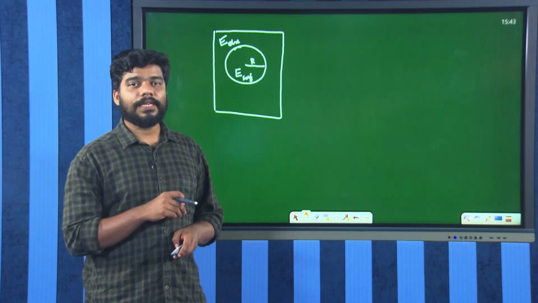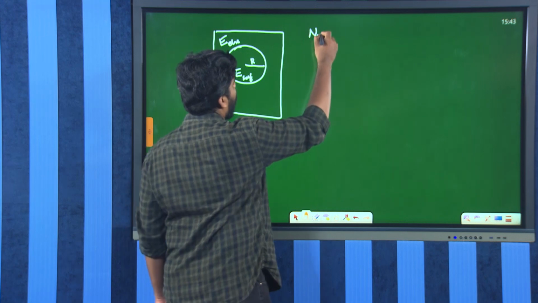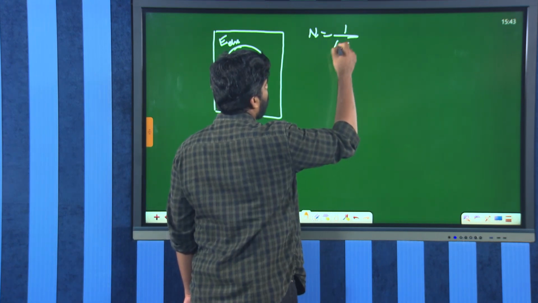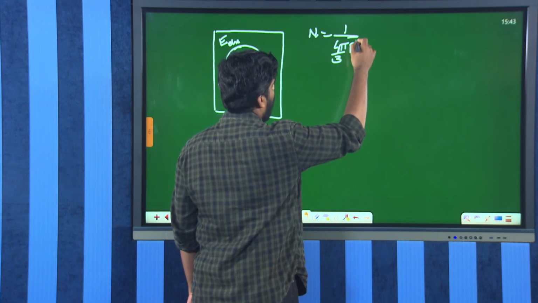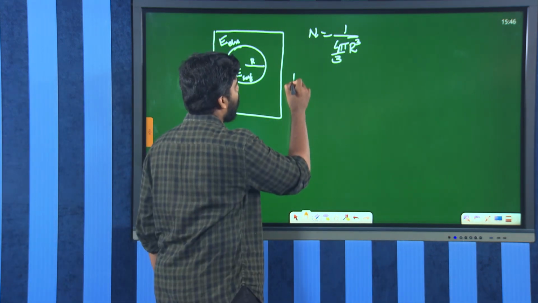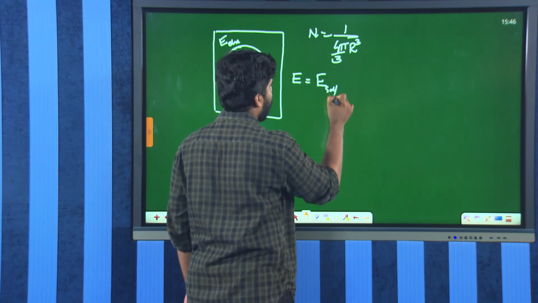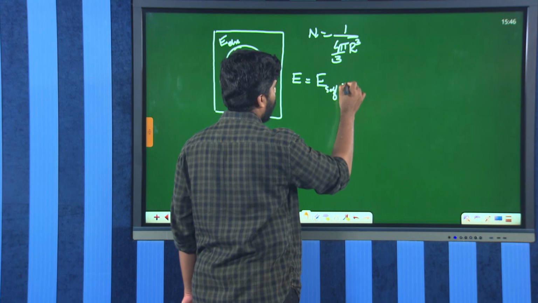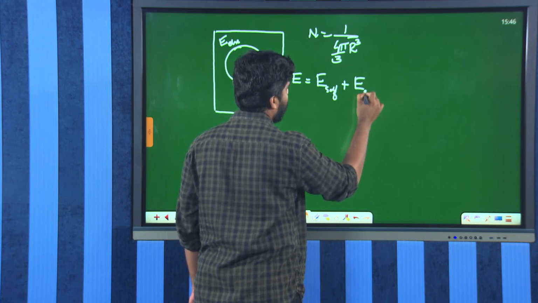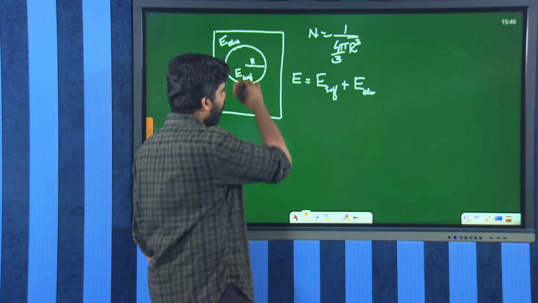Then the molecular density is given by n is equal to 1 by 4 by 3 pi r cube. So, the total electric field E can be written as E is equal to E self, that is the electric field of the sphere itself, plus E else, the outside electric field of this sphere.